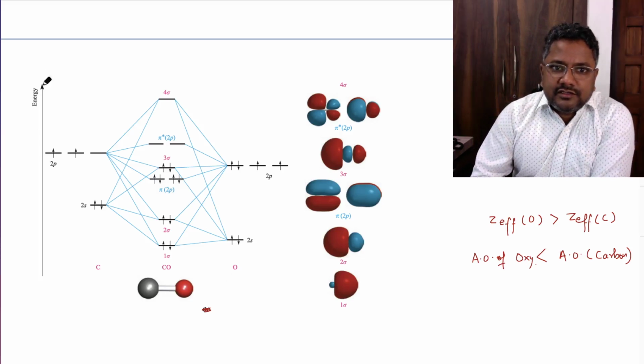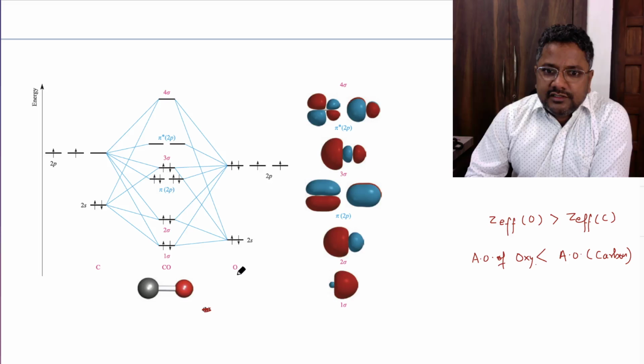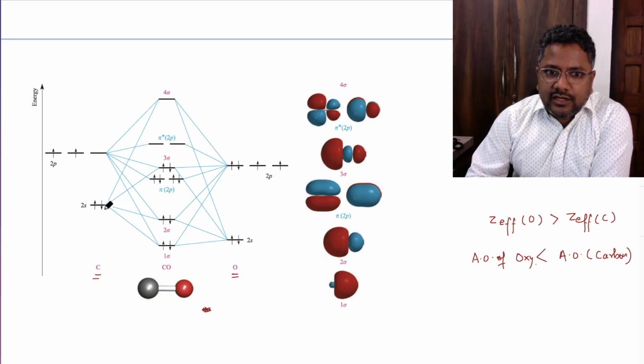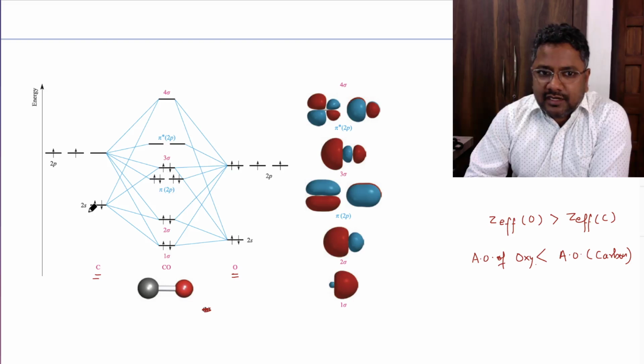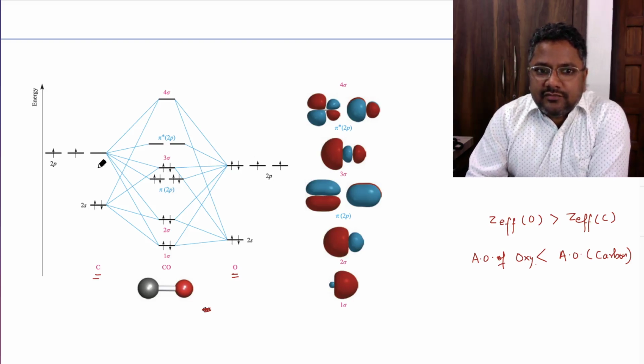So see here, this is the energy order: this is the oxygen and this is the carbon. So 2s of oxygen has lower energy than 2s of carbon, and this is the 2p of oxygen and this is the 2p of carbon.